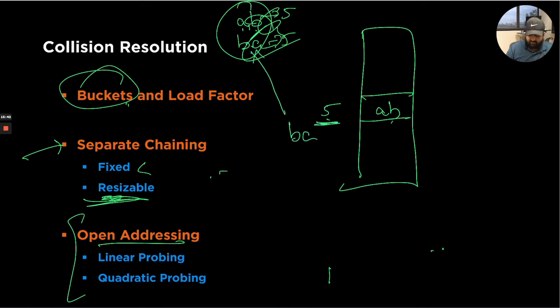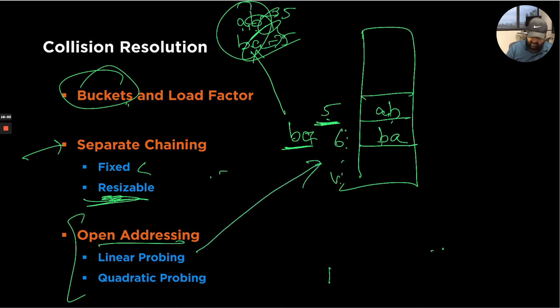Now BA should be moved to the 5th index, but AB is already there, so you find the next available slot in this hash table, and if there is an available spot, you enter it there. So BA would be added at 6. This is the idea of linear probing.